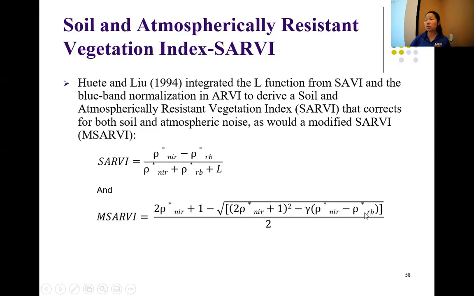You use the same method to calculate this raw RB, and then this is the gamma value. So they provide two different options. It's difficult to tell which method is better. Typically you can just test these methods on your data and check which one works well for you.